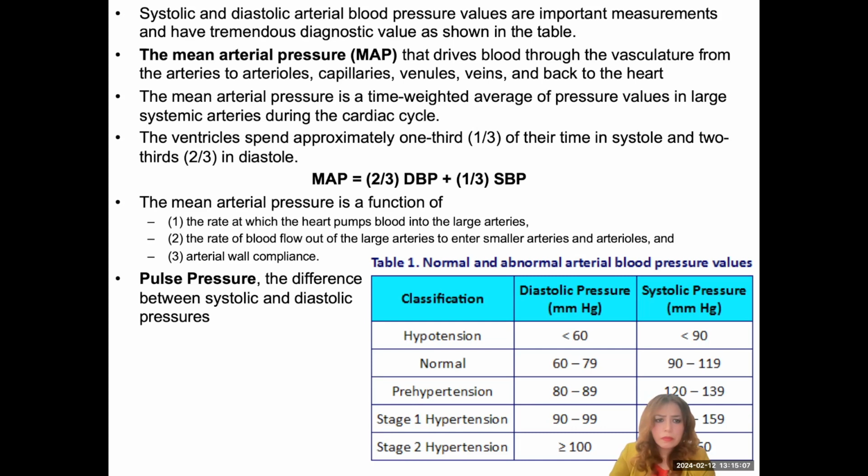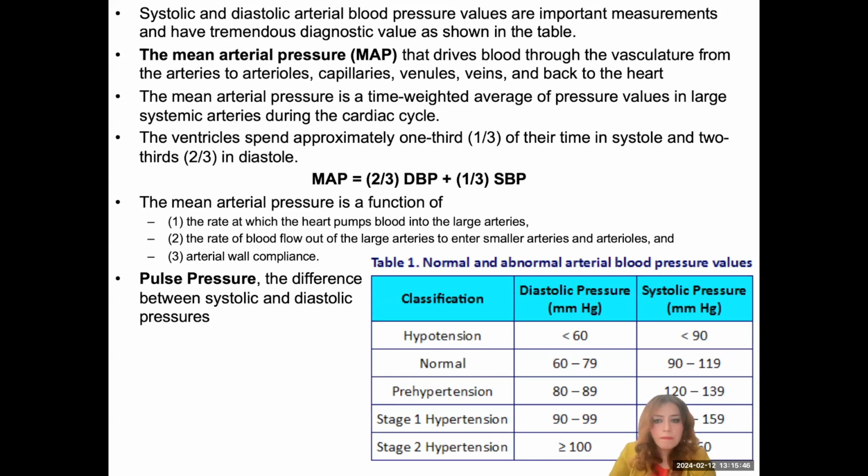So the mean arterial pressure drives blood through the vasculature from the arteries to the arterioles, capillaries, veins, and back to the heart. The mean arterial pressure is the time-weighted average of pressure values in large systemic arteries during the cardiac cycle. The ventricles spend approximately 1/3 of their time in systole and 2/3 in diastole.